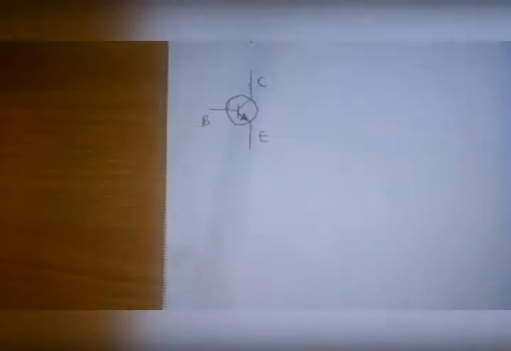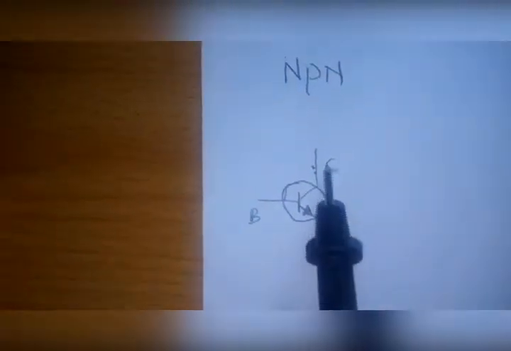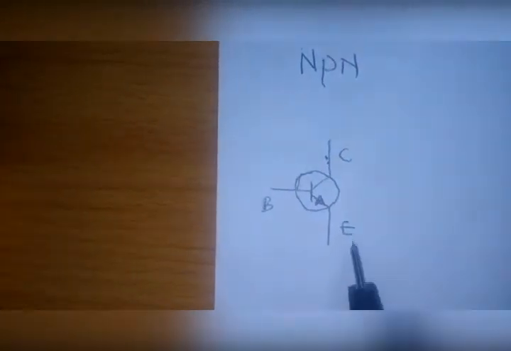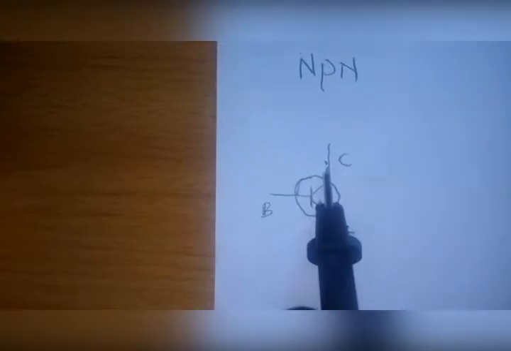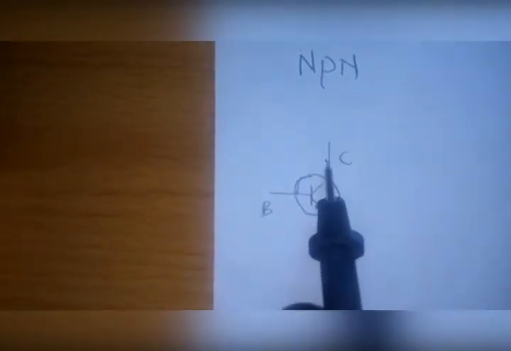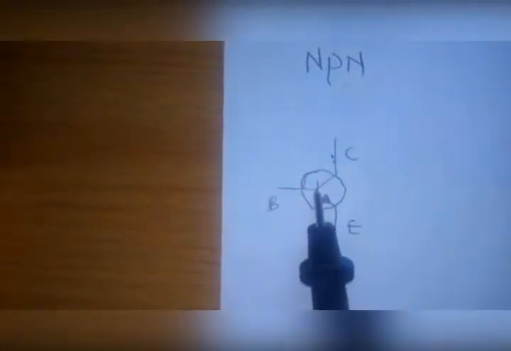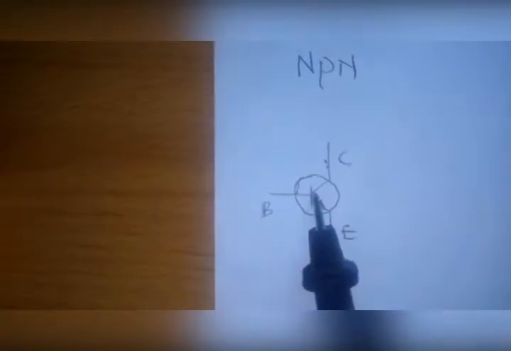So let's start by looking into the NPN transistor. Looking at the circuit diagram, you can see the collector, the base, and the emitter. The voltage enters into the transistor through the collector, goes through the base, which serves as a gate.